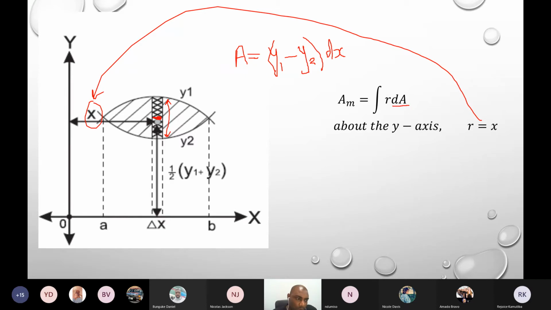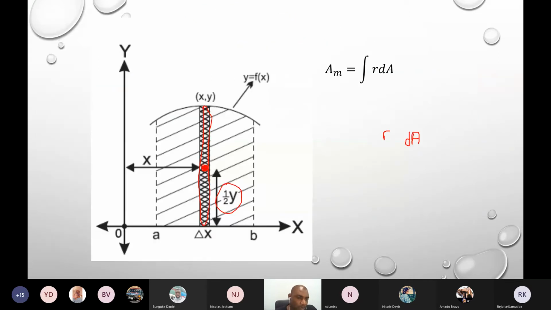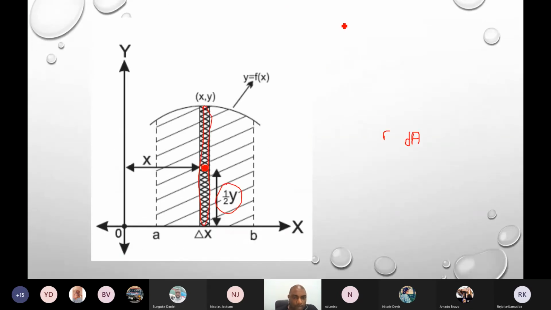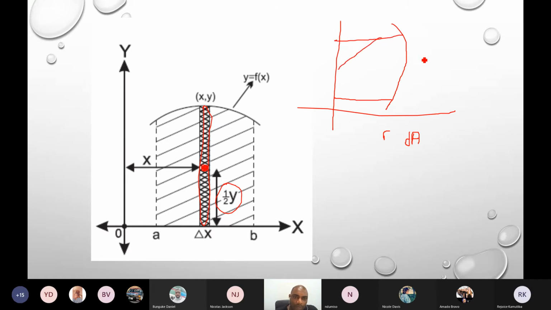Okay, so if I can try and sketch, let me do for one graph. If, let's say this is my graph, like this, my limits are in the y-axis. This is my shaded graph. Then I draw my strip. This is my strip here.